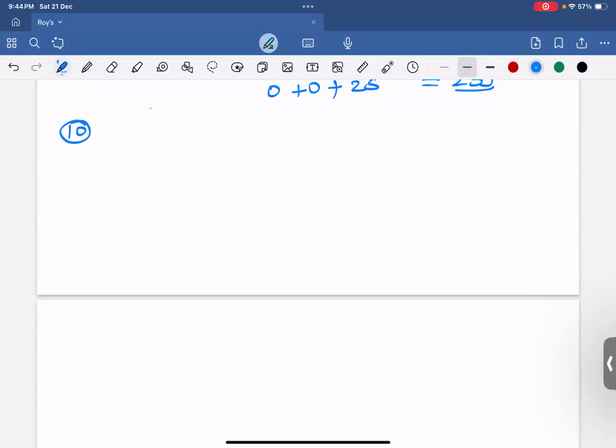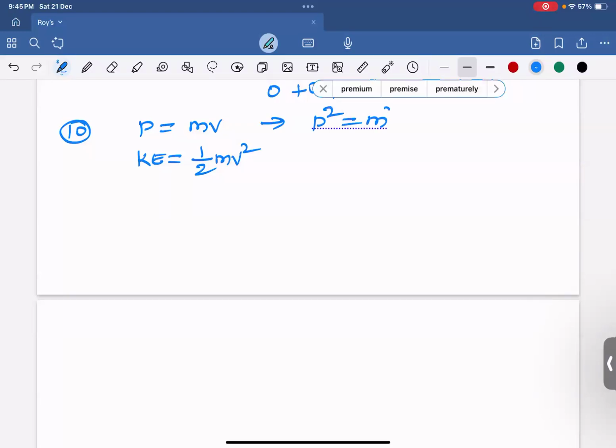First, understand the relation between kinetic energy and momentum. We know that momentum is equal to m into v, and kinetic energy is equal to half mv square. If you take the square, p square becomes m square v square.